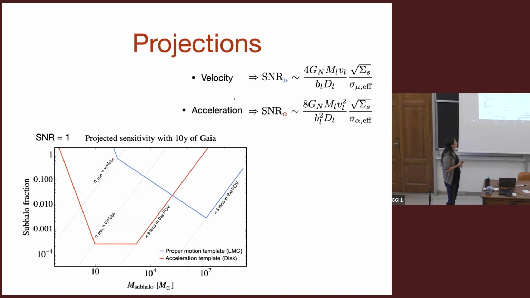If you know it. No, here I'm just assuming that we have lenses with a given abundance in the Milky Way, but I'm not saying how these lenses would happen to be there.